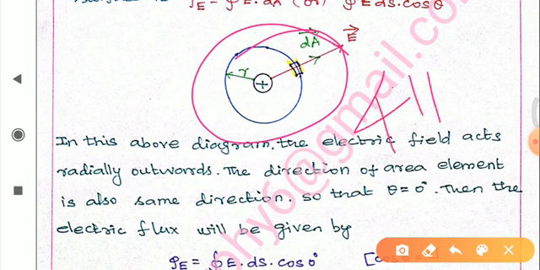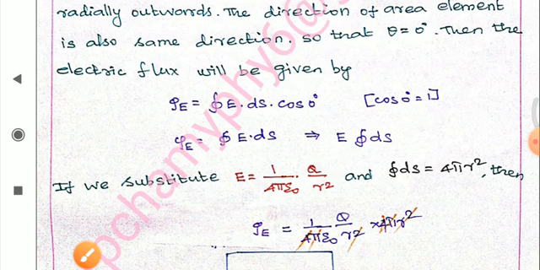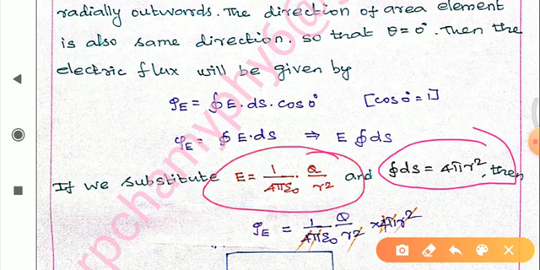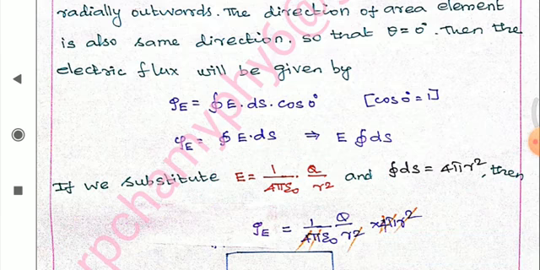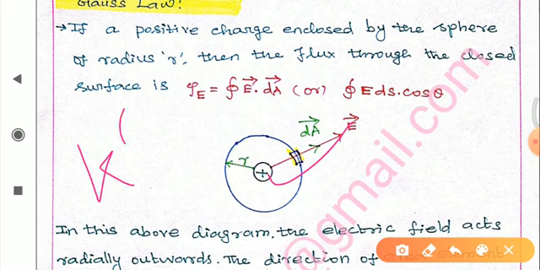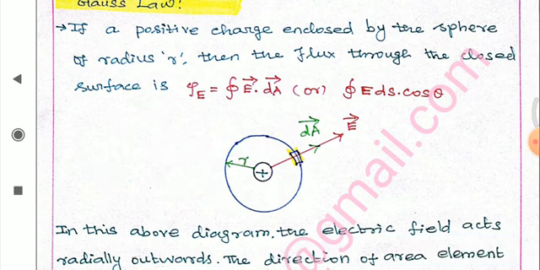It is given by 4 pi r square. And the electric field is given by 1 by 4 pi epsilon naught into q by r square. Why? Because we are considering a point charge, which contributes the electric field k into q by r square. What is the value of k? k is equal to 1 by 4 pi epsilon naught.